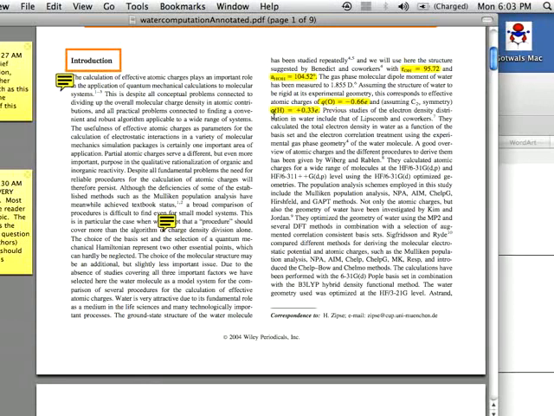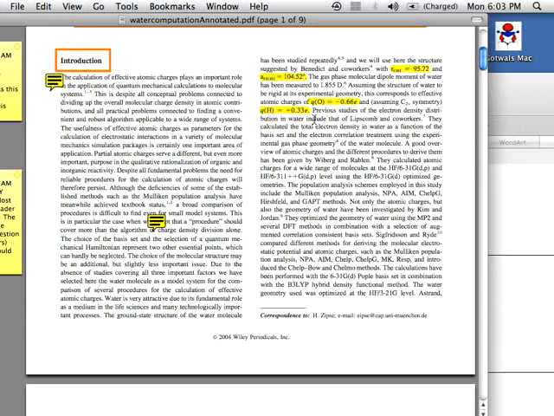And again, because you have two hydrogens, 2 times 0.33 is 0.66. You add them up, and you still get a net charge of 0 for the water molecule, which is what we'd expect.